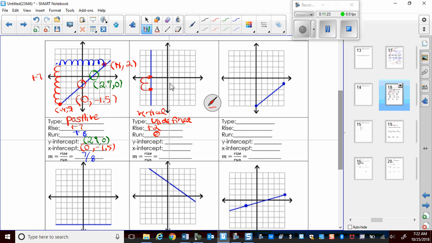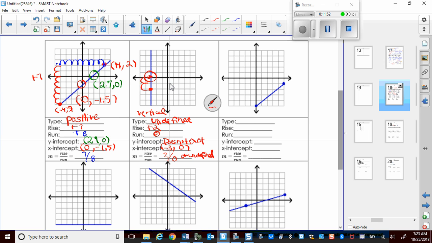There's nowhere to run to. The y-intercept does not exist. It doesn't cross the y-axis. The x-intercept is negative 3, 0. The rise over the run is 2 over 0, or undefined. It doesn't exist. Okay?